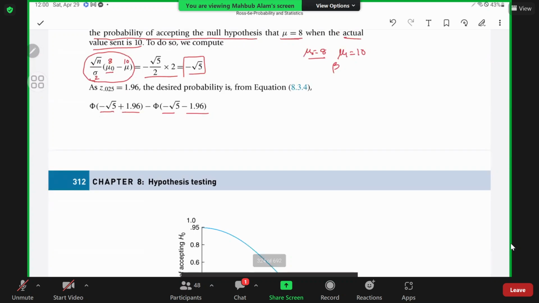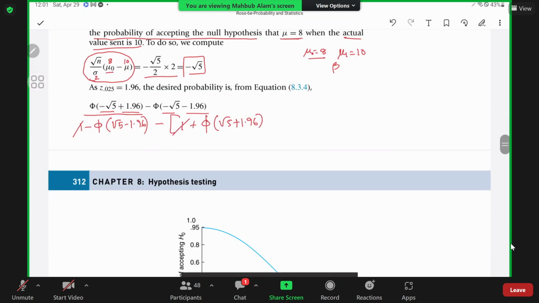Since this is a negative term, what we can do is take a minus common here, then it will be minus phi of square root of 5 minus 1.96, and this will be minus 1 minus phi of square root of 5 plus 1.96. And then this minus 1 cancels out.